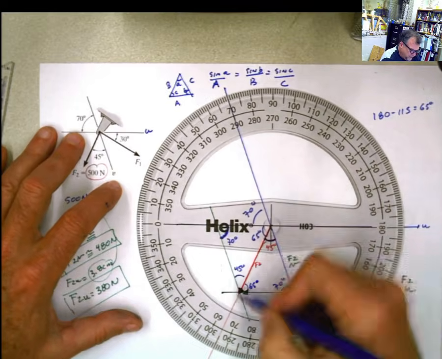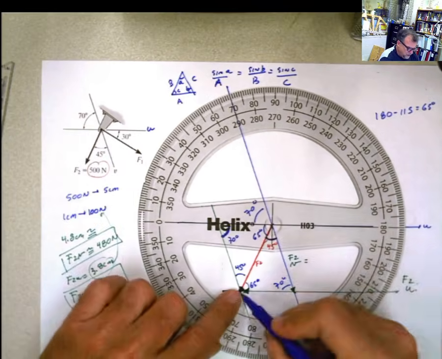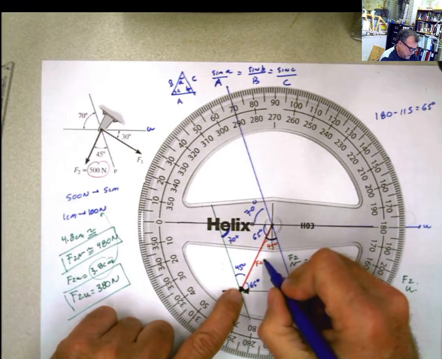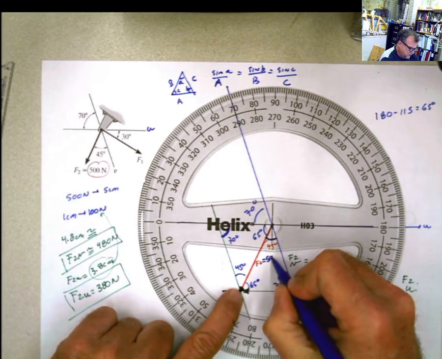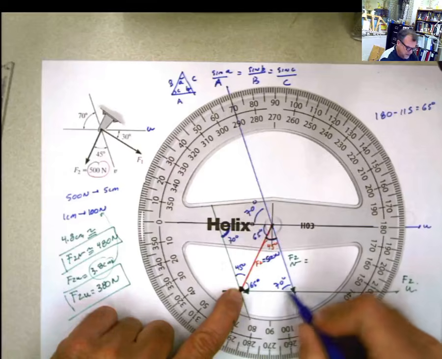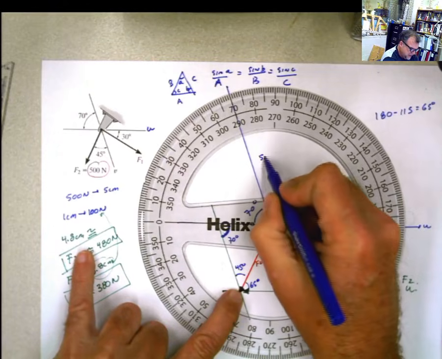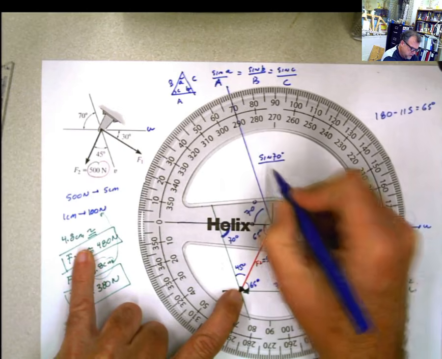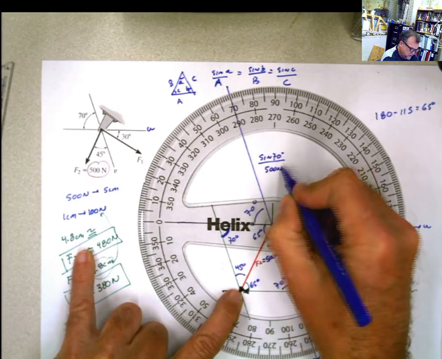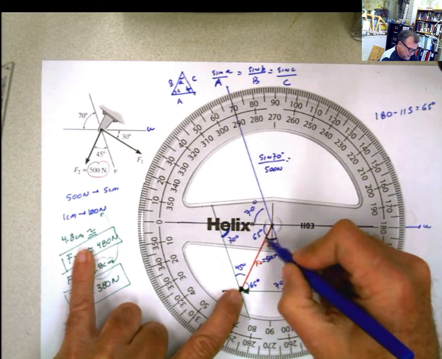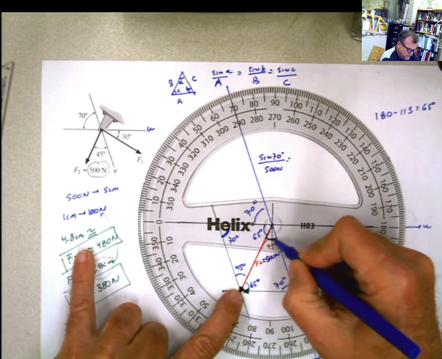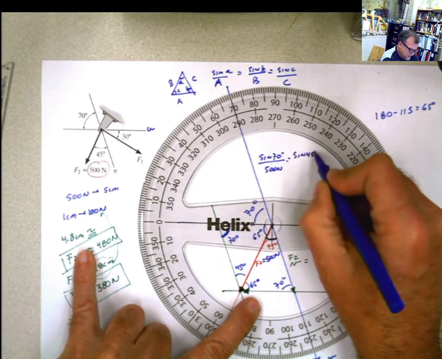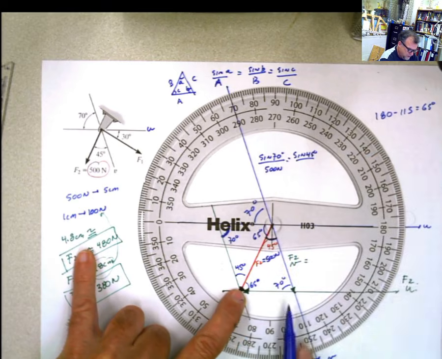If I have to solve this problem by the law of sines, I know this value, and I'm not going to do it graphically now. Now this force F2 is 500 Newton, and this angle is 70. So I can say that sine of 70 degrees divided by the opposite, which is 500 newtons, has to be equal to the sine of 45, this angle now, divided by the opposite, but the opposite is F2U.